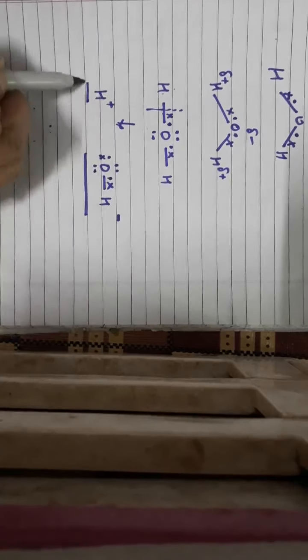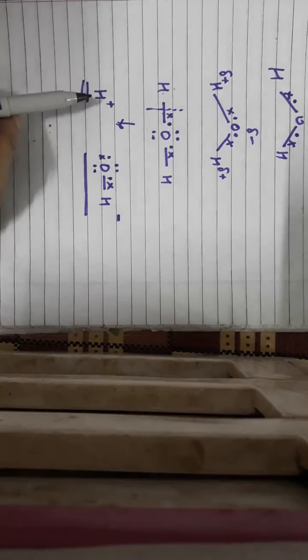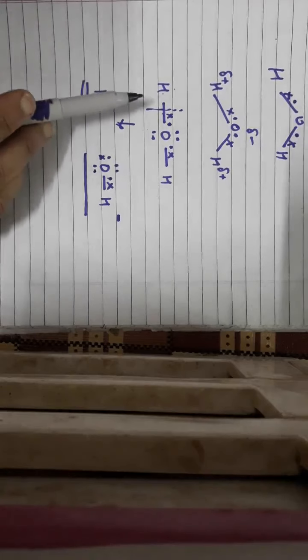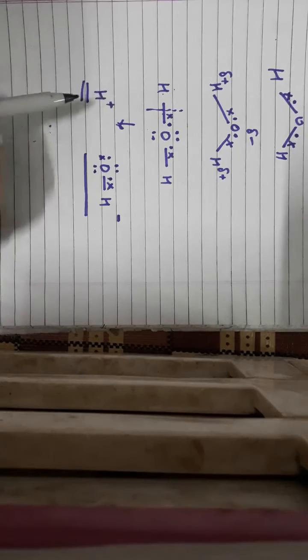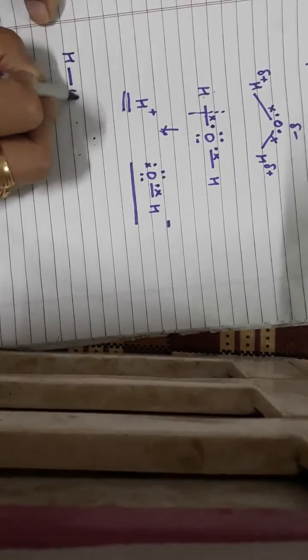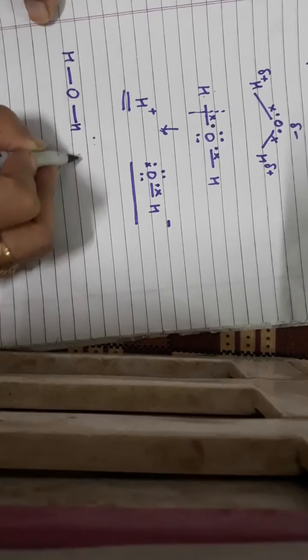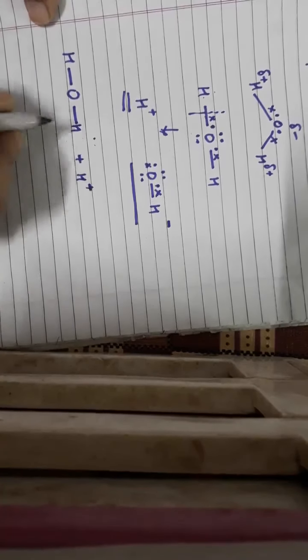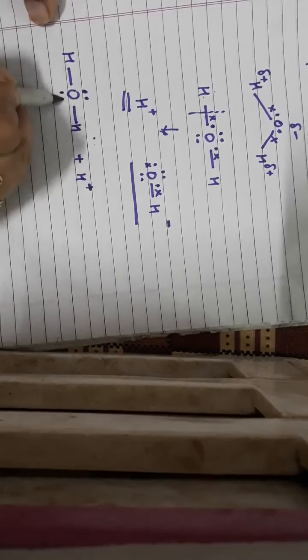But again the problem is with this proton, as it has a vacant shell. It had only one shell with one electron, but as it has lost that electron, it becomes unstable with the vacant shell. So it will definitely attack another water molecule due to the presence of a lone pair.